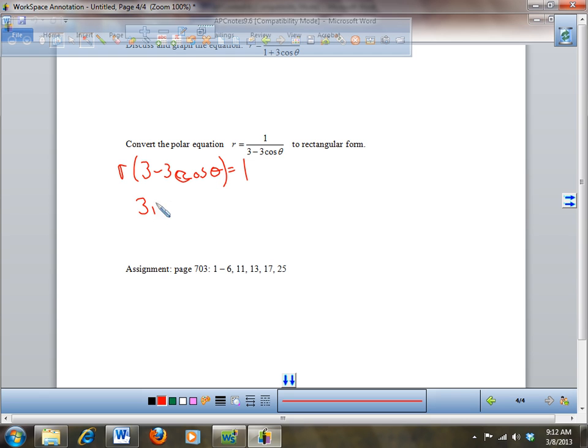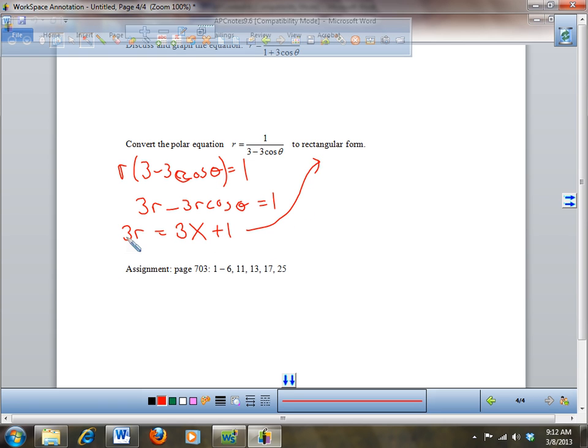So you get 3r minus 3r cos theta equals 1. First I would bring this over by itself. 3r equals 3r cos theta plus 1. What's 3r cos theta equal to? 3x, very good. 3r equals 3x plus 1.